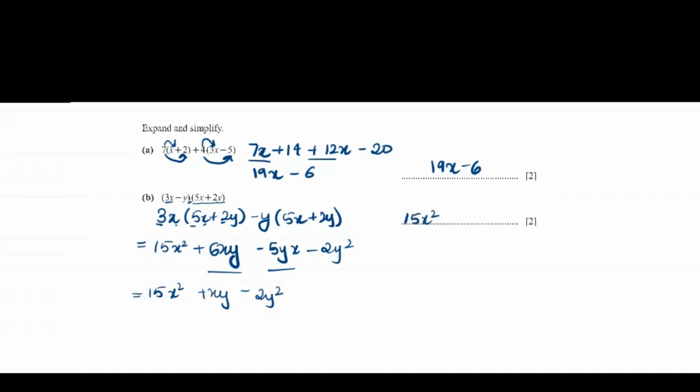We write the final. You may write 1xy, but we don't compulsorily have to. If you understand by writing the 1 better, please do so, but after a while you get used to it.